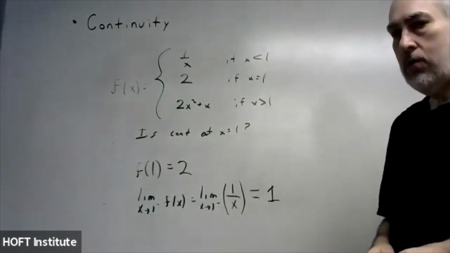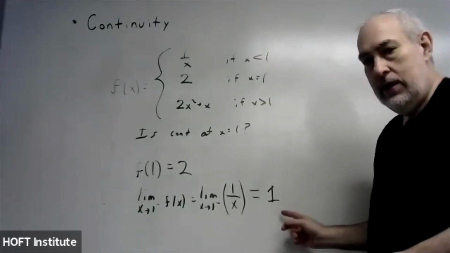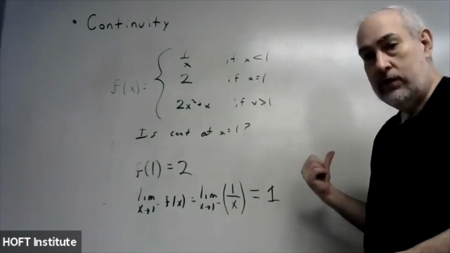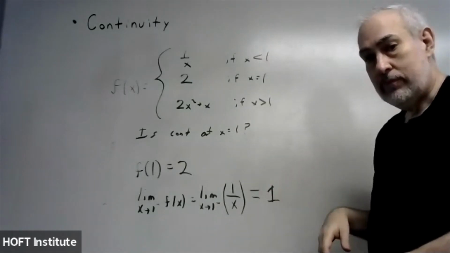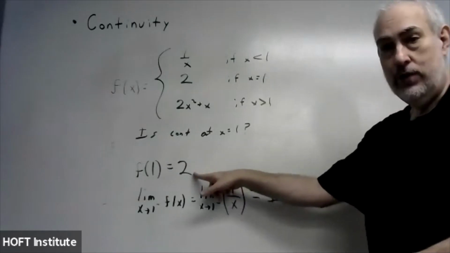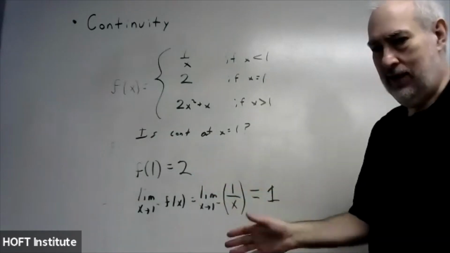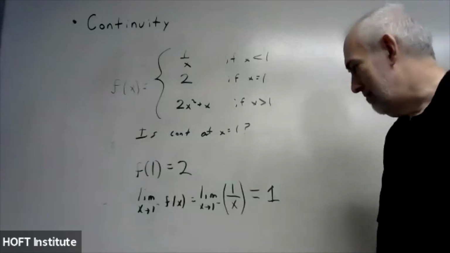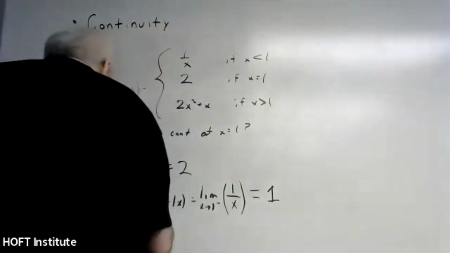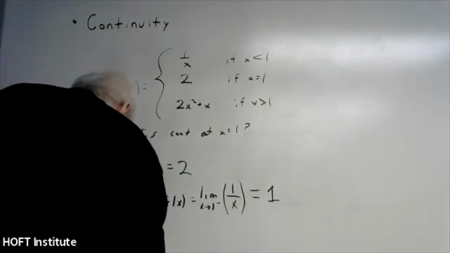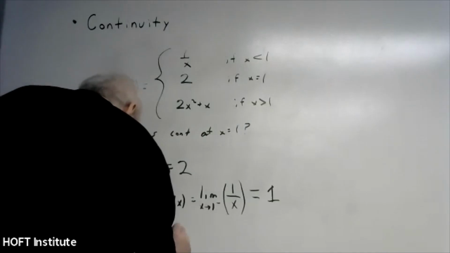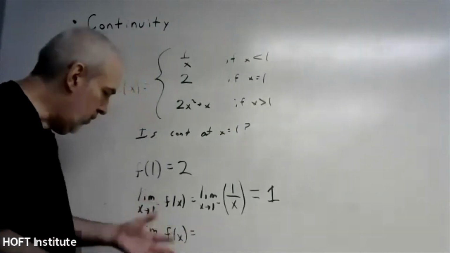Now I can already see that if the right-sided limit is also 1, well, that's not going to match 2. So already I see that all three of them aren't going to be the same. But let's go ahead and look at the limit as x approaches 1 from the right, just to see how that would work.